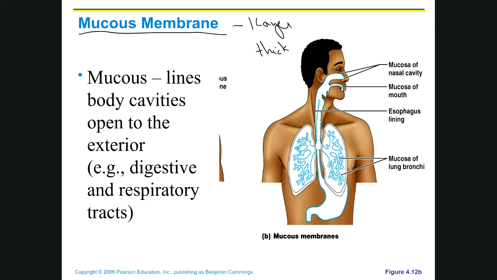So look, there's the membrane right there of the nasal cavity. There's the membrane of the oral cavity. There's the membrane of the trachea and the membrane of the esophagus and the membrane of the stomach and so on. Well, because they are mucous membranes, they're also called mucosa.